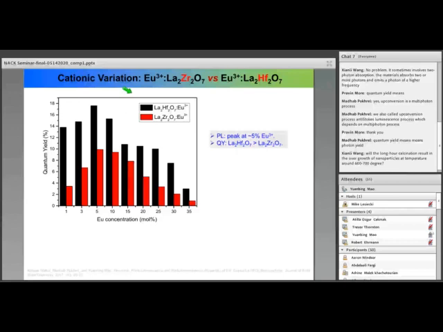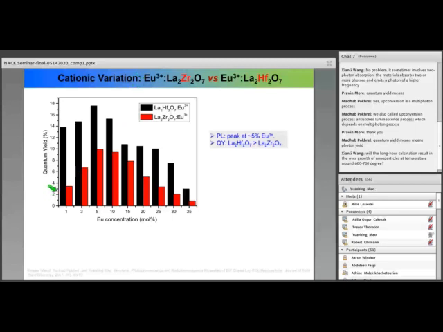And then, based on what I just showed you earlier, later on we doped these two materials with europium at different doping levels. And europium 3+ is widely used for luminescence purposes as a probe dopant.